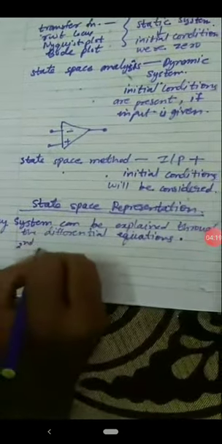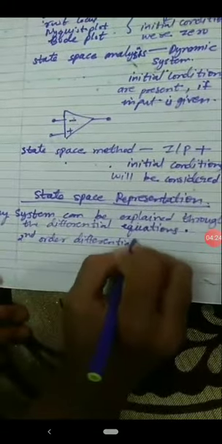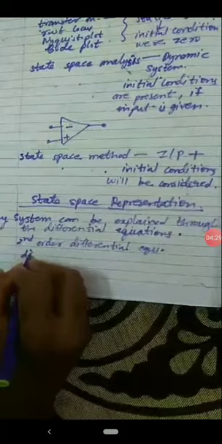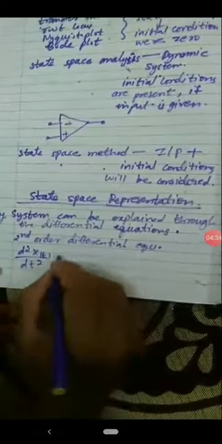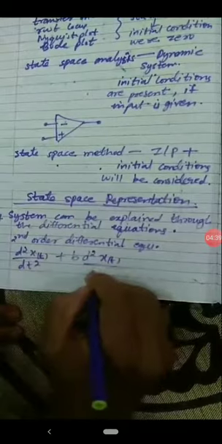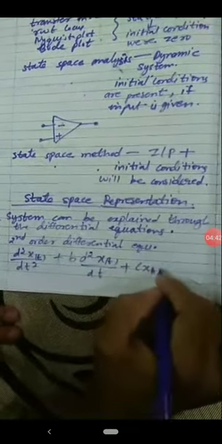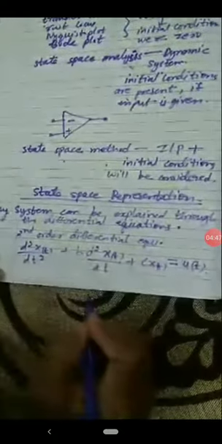Consider a second order differential equation. Let d square x upon dt square plus b dx upon dt plus cx equal to u. Now, for the state space representation, it is required that the initial conditions be kept equal to 0.